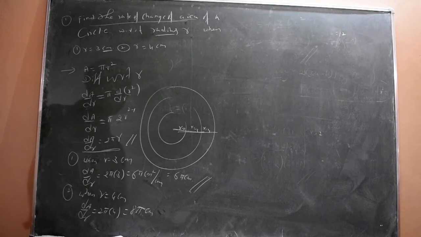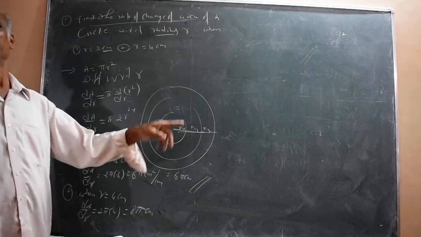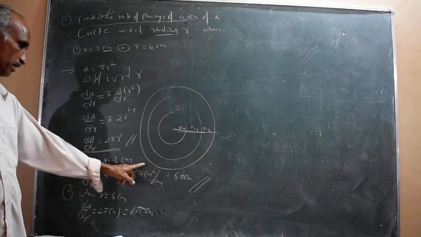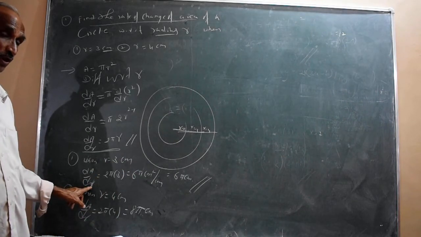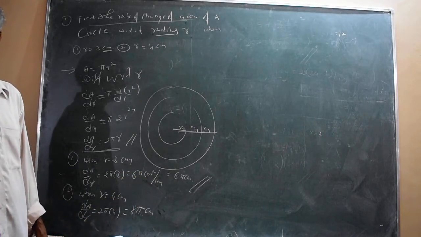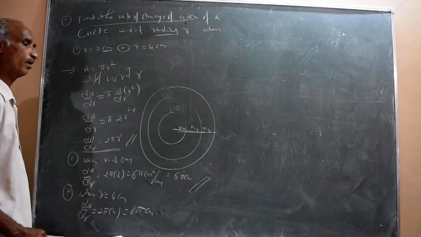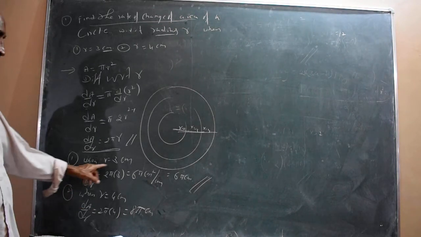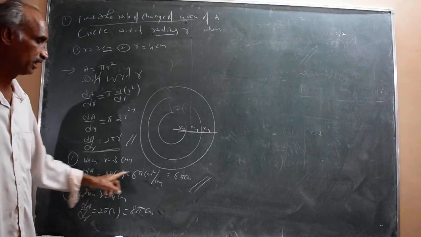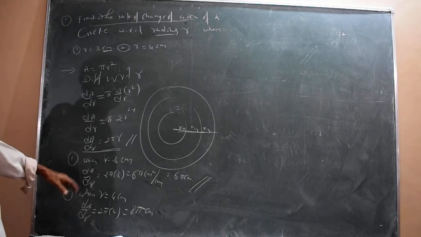Suppose it is with respect to time, then it comes as dA by dt, and the unit is centimeter square per second. Area is in centimeter square, and if time is asked, the time unit is second, so centimeter square per second. But here it is centimeter square upon centimeter: area in centimeter square, radius length in centimeter, one centimeter unit cancels. This is the rate of change of area.